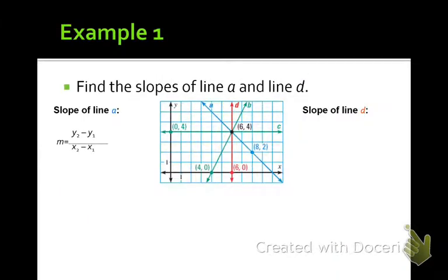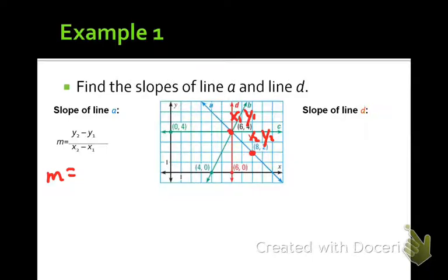Find the slopes of line A and line D. Okay, slope of line A. On line A, we've got two points: (6, 4) and (8, 2). So for our slope, we'll call (6, 4) x1, y1 and (8, 2) x2, y2.